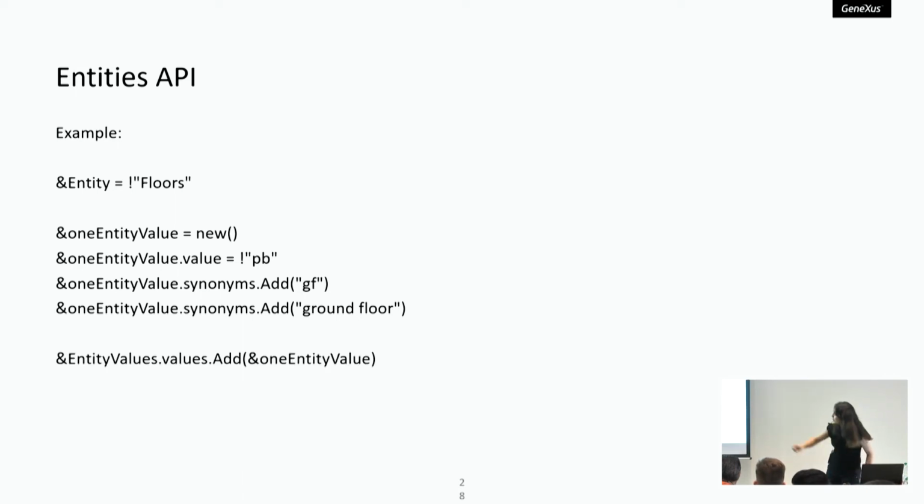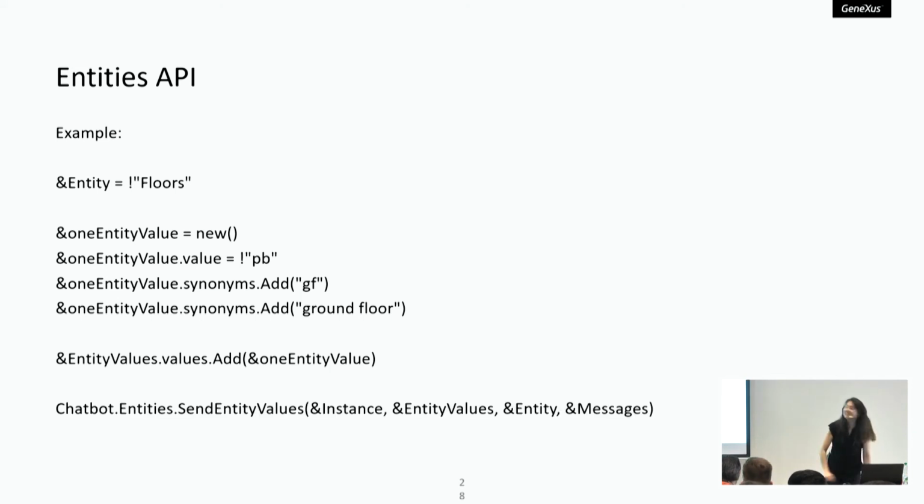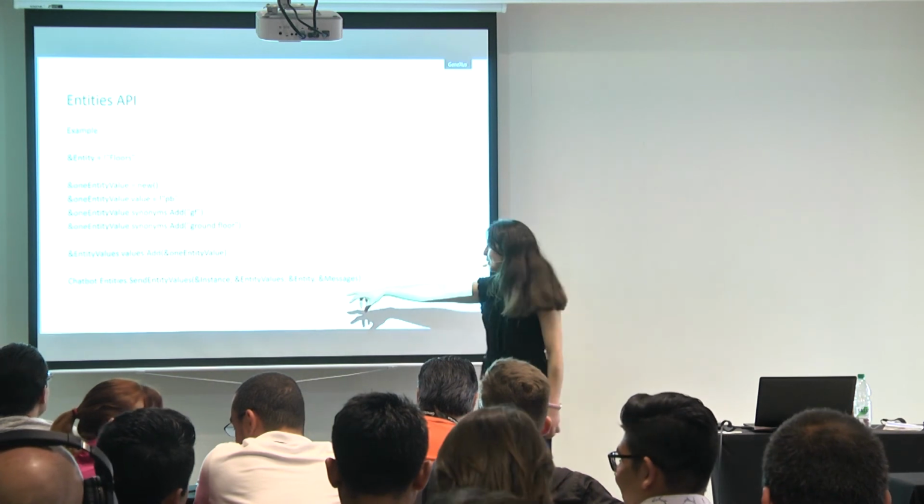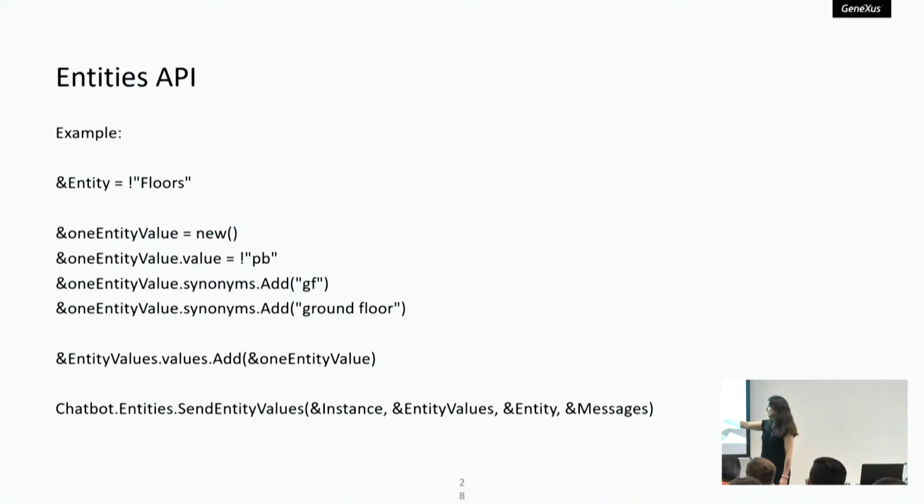You define the entity, you put the value, and the synonyms, for example, ground floor, all of the synonyms. And this we would have to send to Rudy because I asked about the floor and he replied with this nonsense. And here you have the method that allows you to send the value and the synonyms to the NLP provider. You send the instance, which will be Rudy, the SDT that I just loaded with the values and the synonyms, the entity that is floors, and an outgoing message for the feedback.